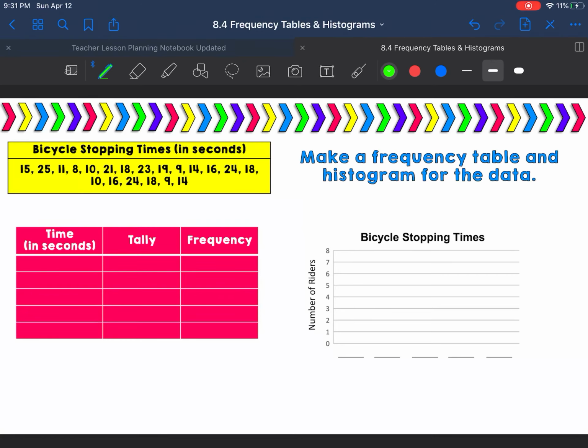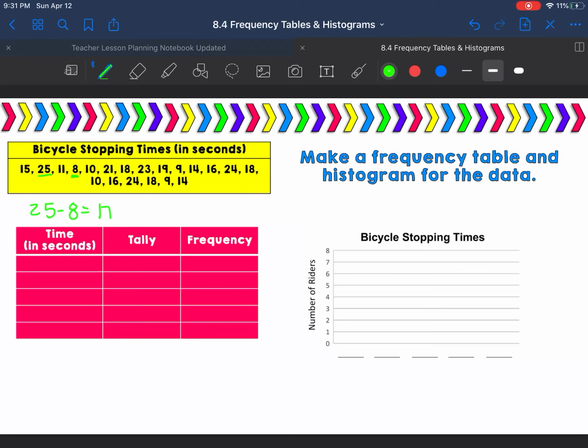So I have a set of data from bicycle stopping times. Now, the first thing I need to do is figure out what my time intervals are going to be. So I want to look for my lowest number and my biggest number. My lowest number is 8, and my biggest number looks to be 25. So if I do 25 minus 8, that gives me 17. So I have 17 different number sets here.